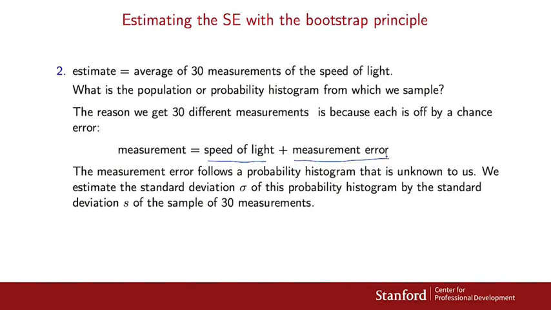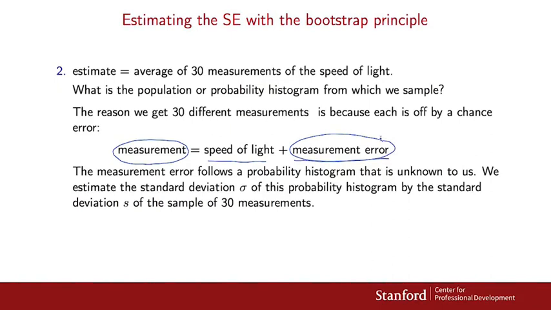But we can use the bootstrap principle to estimate the standard deviation of this probability histogram using the standard deviation of the sample. By the way, the reason why this works is that we are looking at the standard deviation S of the measurements on the left-hand side, and we want to use that standard deviation as an estimate of the standard deviation sigma of the measurement errors on the right-hand side.